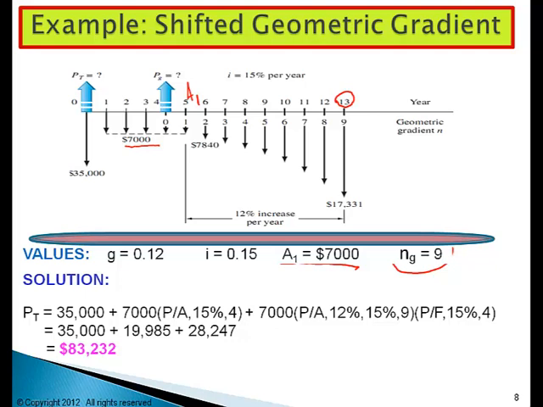Then we can use the P/A 12, 15, 9-year factor and the P/F factor to come back to the present through the 4 years to get to time 0. After we include the present worth amount of $35,000 that was already there, you see that the total amount is $83,232. So that's the present worth for the investment, the uniform series, and the increasing gradient at g equals 12%.